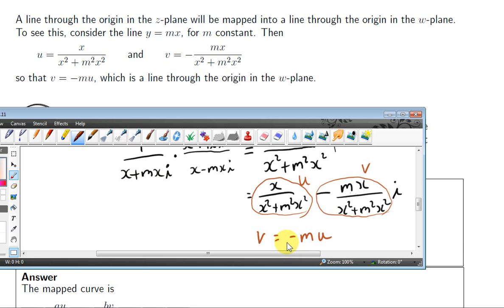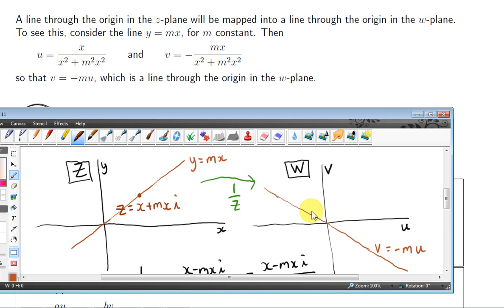But this is the equation of a straight line through the origin of the w plane, and that straight line has slope minus m. A line with a slope of minus m is got by reflecting a line with a slope of m through the y-axis. Actually, this angle here will be the same as this angle here.